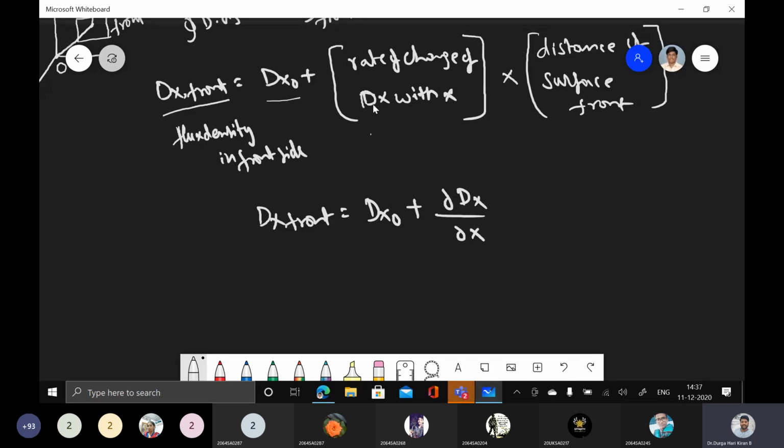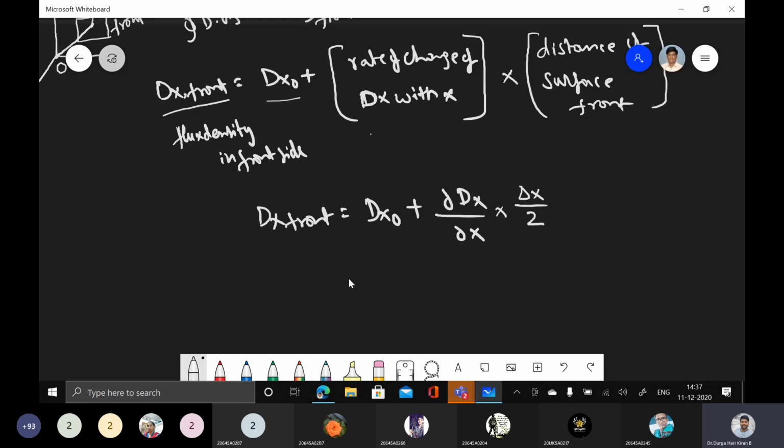Okay, this is d, not delta, dx. So del dx by del x, the rate of change of dx with respect to x, multiplied by the distance of the surface of the front. What is this? This is only half. Okay, the remaining half will be on the other side.